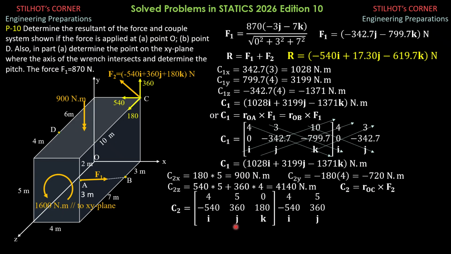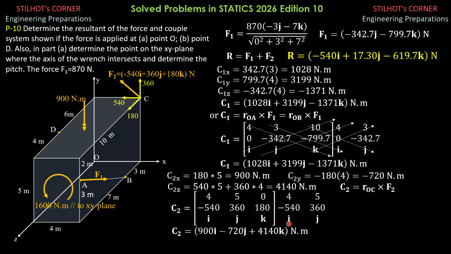So negative 720 Newton meter. Then for K, 4 times 360 or 360 times 4. Then because that's negative, so plus 540 times 5. 360 times 4, 540 times 5. So that also checks. Therefore, C sub 2 is 900I minus 720J, then plus 4,140K.